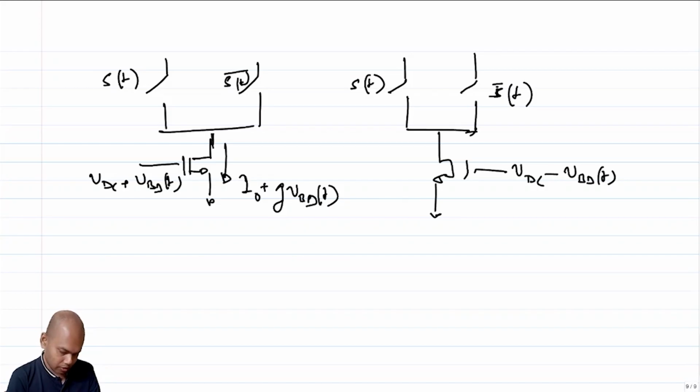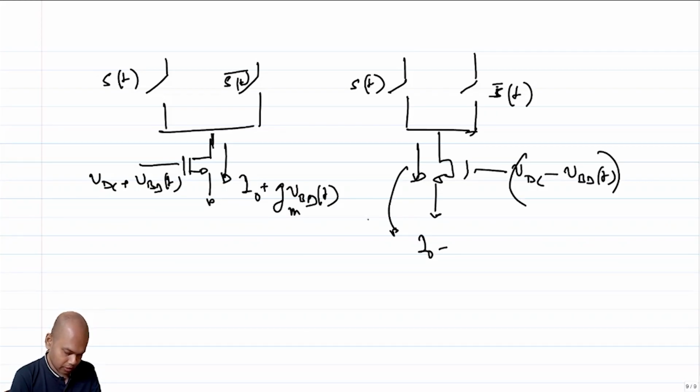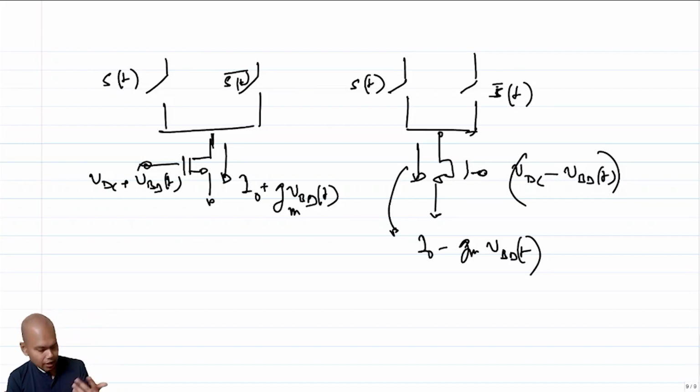Okay, so this current here, as usual, is I naught minus GM times, just to ensure that this is minus GM times VBBT, right? So S and S bar T are complements of each other.